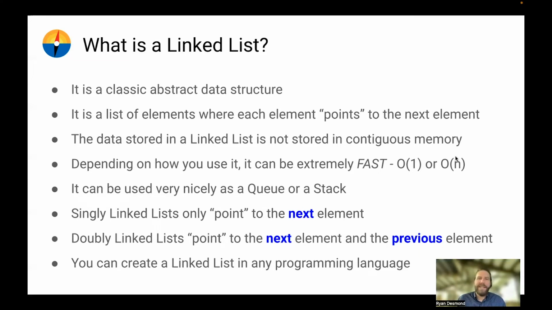There's also this idea of a doubly linked list where A points to B, B points back to A, but also to C. So B can have a reference to the previous node as well as the next node. That's called a doubly linked list. So nodes are aware of not just the next node that might exist in this list, but also the previous. And then there's also this idea of a circular linked list, which will wrap around back to the front when you reach the end.